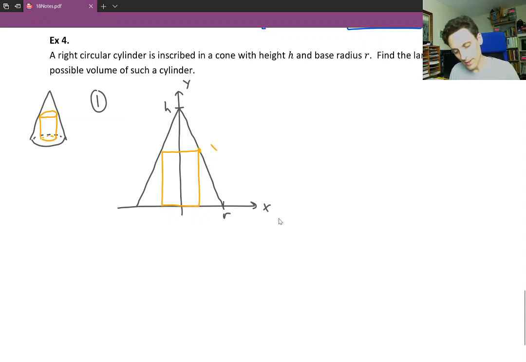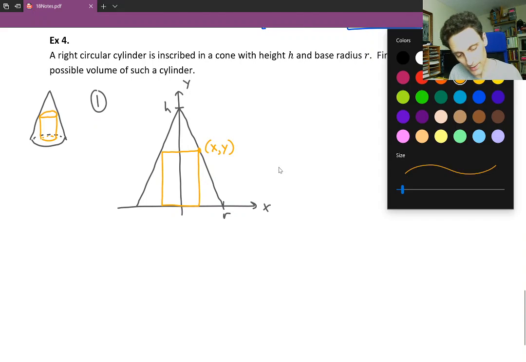Now this point here on the rectangle, we're going to call x comma y. That's going to be like a control point where if we move this point along this side of the triangle, that's going to create a cylinder for every single point that we're at. As soon as we specify that point x comma y, we'll be able to create very skinny cylinders that are very tall, and if we move it down here, we'll be able to create short cylinders that are very wide.